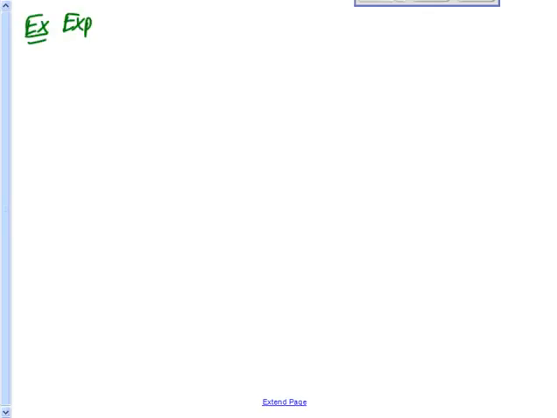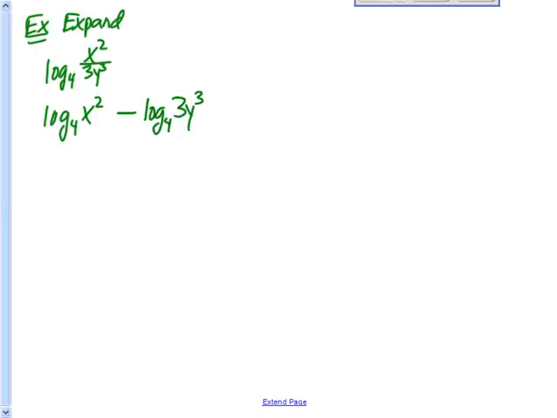So let's expand the following: log base 4 of x squared over 3y cubed. The first thing I notice is that I've got this quotient, so let's expand this as log base 4 of x squared, with a minus between, and then log base 4 of 3y cubed.